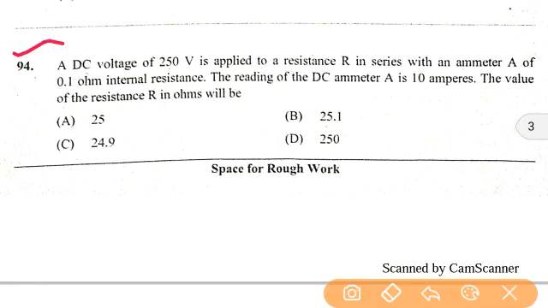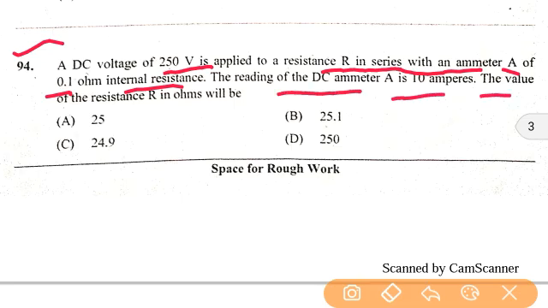In the next question, a DC voltage of 250 volt is applied to a resistance R in series with an ammeter A of 0.1 ohm internal resistance. The reading of the DC ammeter A is 10 ampere.